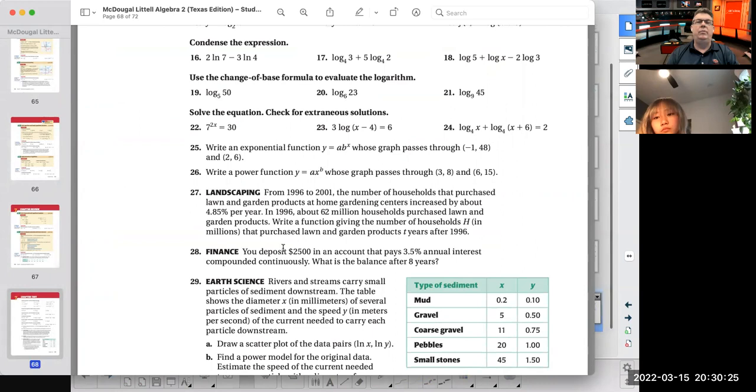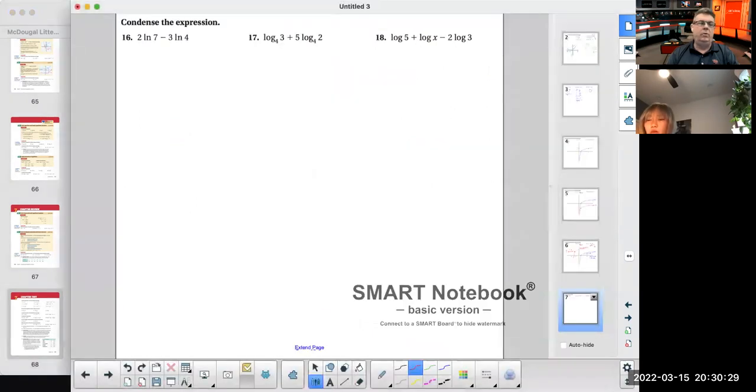Now, I gave you all these rules, Kaylee. Do you remember that? The logarithm rules? I gave you the logarithm rules. Do you remember? Uh-huh. Let me see if I got them.